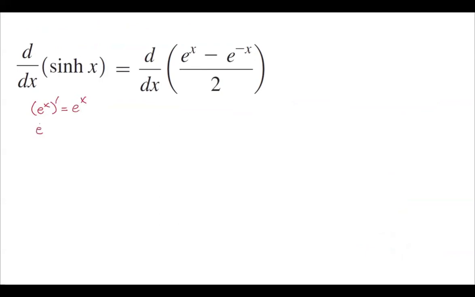When you're taking the derivative of e to the power minus x, it is minus e to the power minus x. So one by one, we can take the derivative of each of these and then combine them together. It's equal to e to the power x minus minus, which gives you plus e to the power minus x, then you divide it by 2. So that's how you find the derivative of hyperbolic sine.